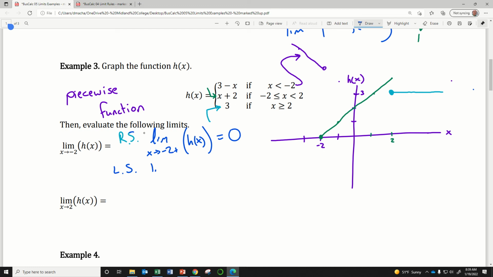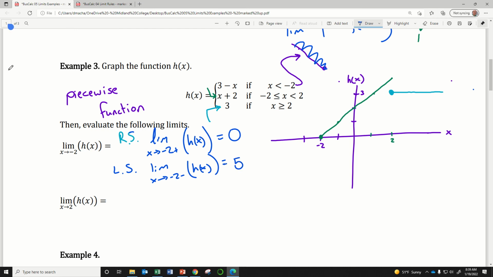The left-sided limit, as x approaches negative 2 from the left side, is going to be actually a lot greater than that, right? So it'll be following the rule of the first piece of the function, which would be 3 minus negative 2, or it would be 5, right? So as I come in from the left side here, it's approaching the value 5.